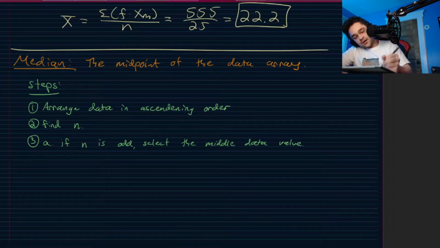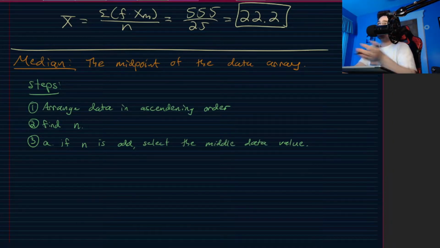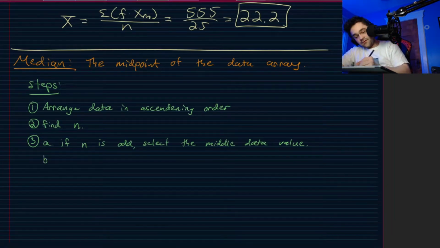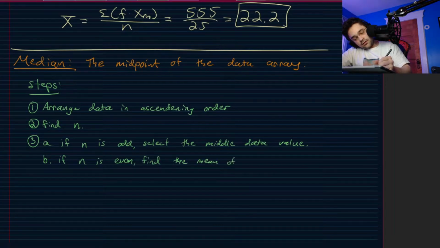Right? If there is an odd number of values, like 5 or 9, there's an exact middle. The middle of 5 data values would be the third one. Middle of 9 would be the fifth one. But if there's an even number of data values, so if n is even, then we've got to find the mean of the 2 middle values.